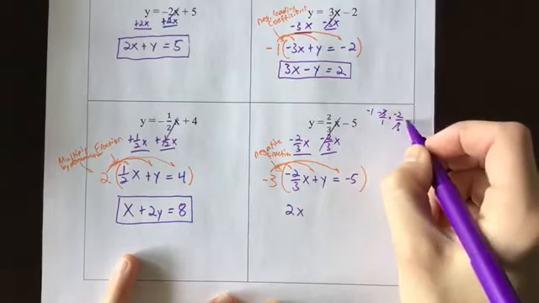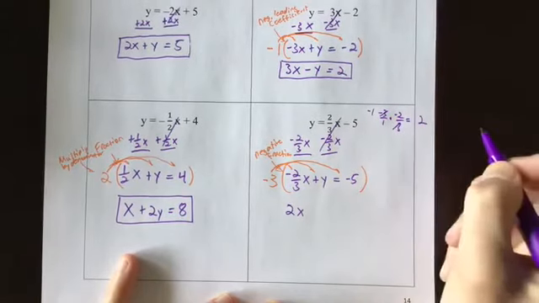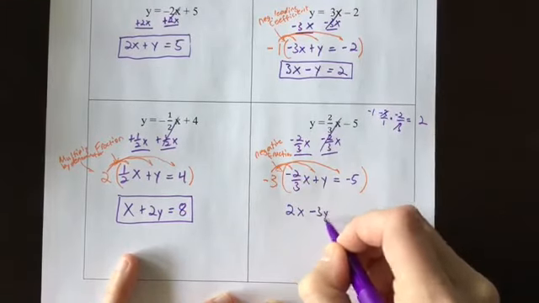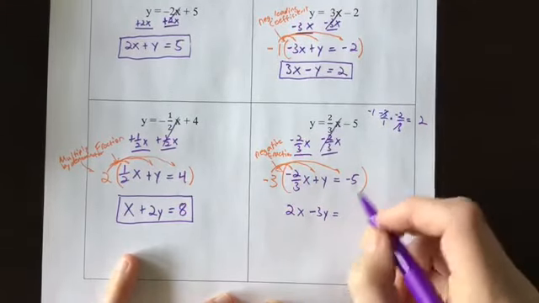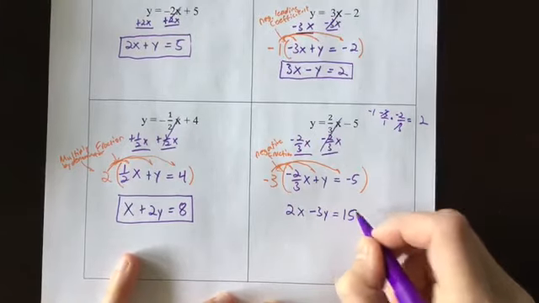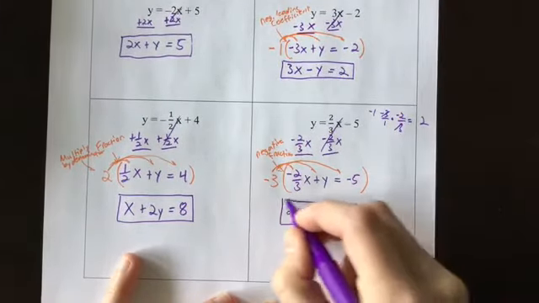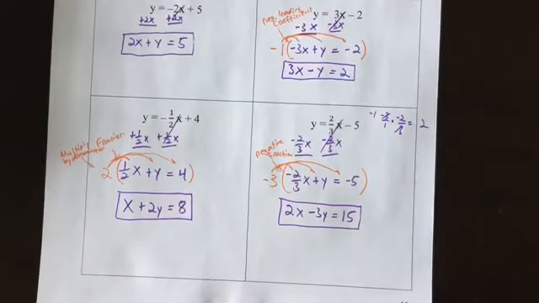It's really -1 times -2, which gives us a positive 2. -3 times y, -3y. -3 times -5, positive 15. And there we are in proper standard form. On page 15, you're going to do some more converting from slope-intercept to standard form, as well as converting some to slope-intercept.